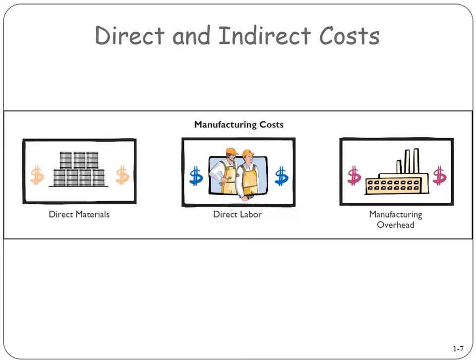Direct could be materials or labor, if you can assign labor directly to a product. So if you work for one of the big four accounting firms, or any accounting firm, you'll have a client, you'll have a billing rate, and you'll do some kind of a timesheet.